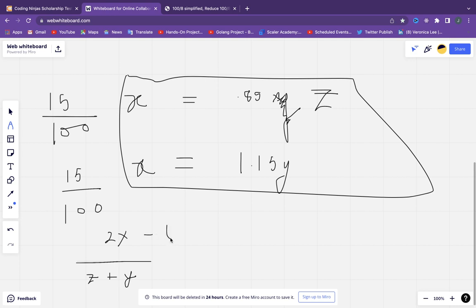So minus Z plus Y. Hmm. So 2X is nothing but 0.85 Z plus 1.15 Y. I don't get it. I don't get it.